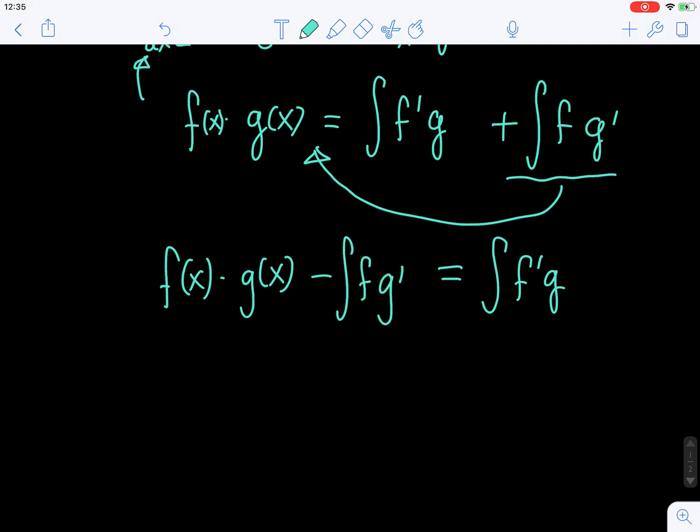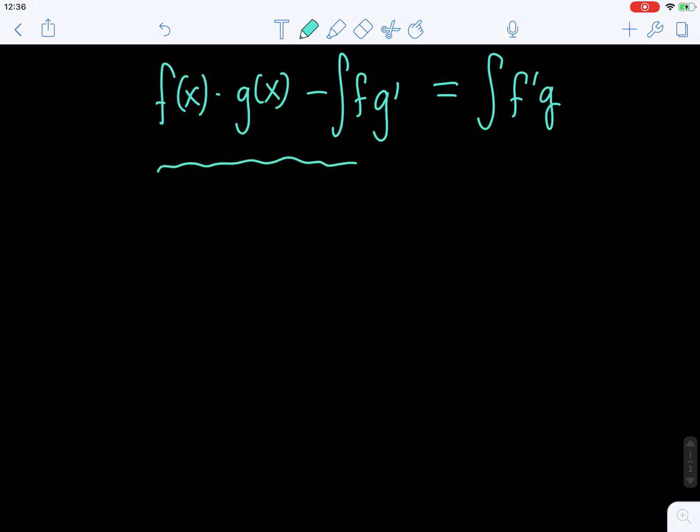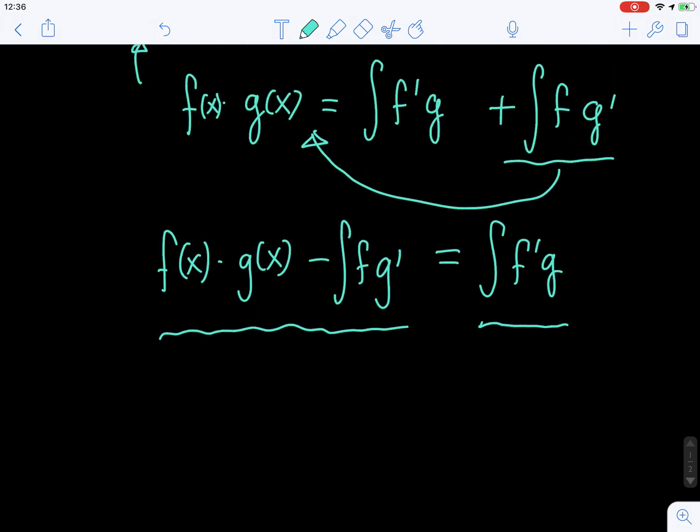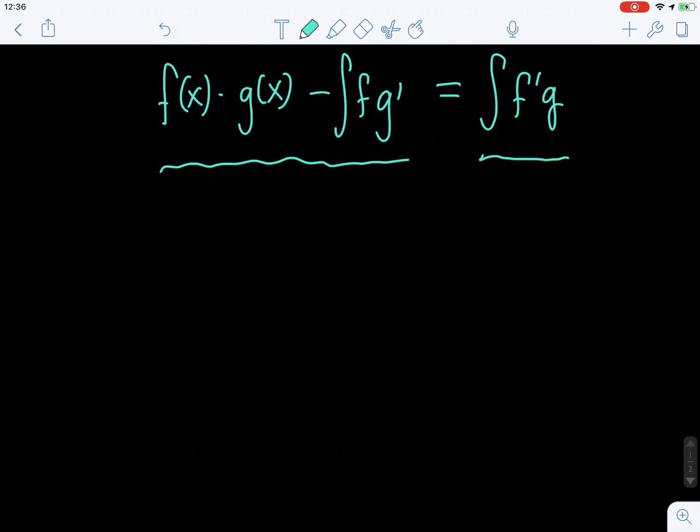Okay, and so the whole purpose of doing integration by parts is because doing this is easier than dealing with our original function on the right. And to decide which function is f and which function is g, we have to decide which is easier to integrate.